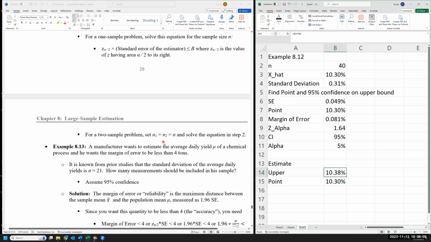For two sample problem, when you have the difference in two populations, set n1 and n2 equal to n. So you want to make sure both samples are equal and solve this equation. I know it sounds weird and complicated, but it's really easy. And let's solve example 8.13.